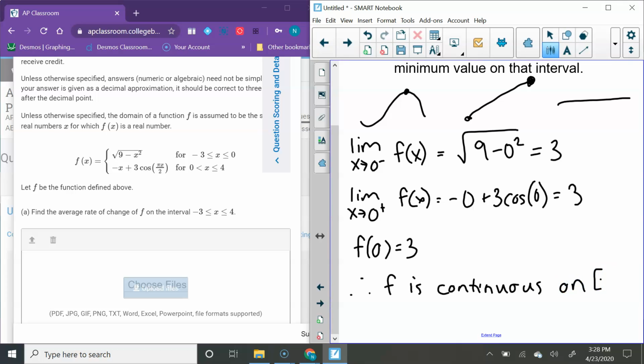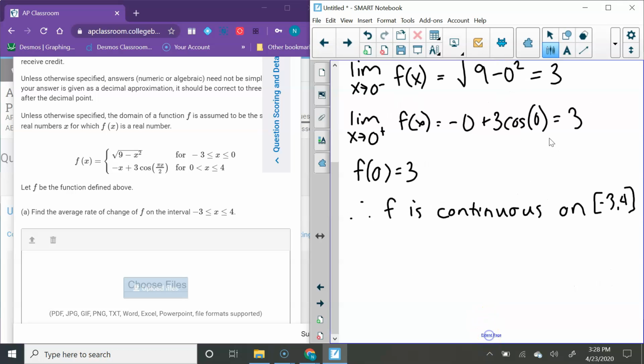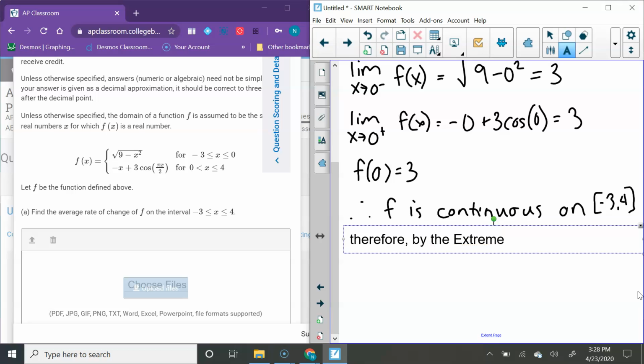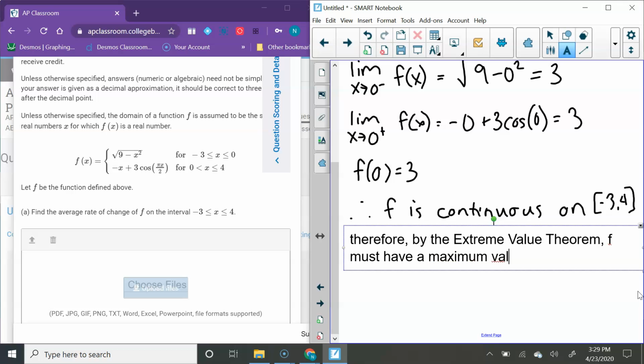on [-3, 4]. And let me just type again, because that'll be easier to read. Therefore, by the extreme value theorem, f must have a maximum value on [-3, 4].